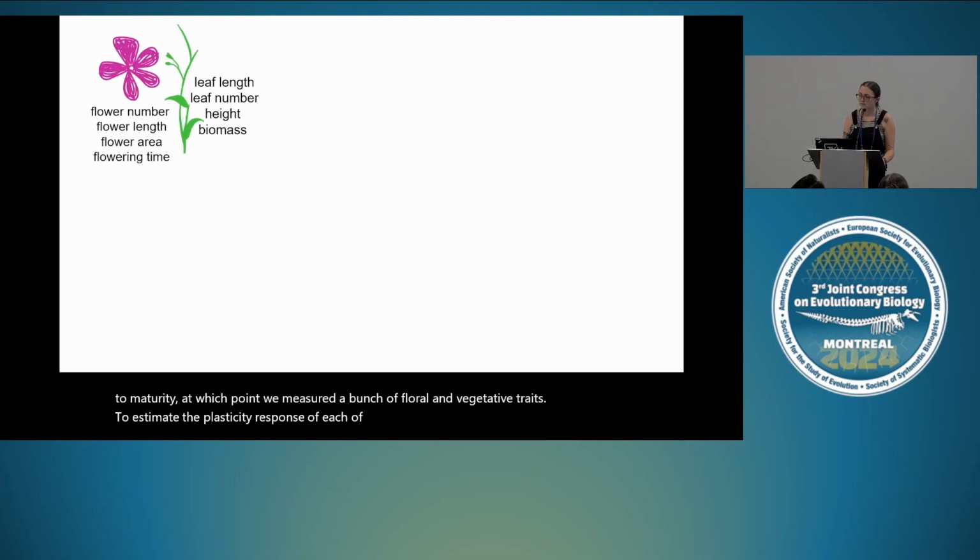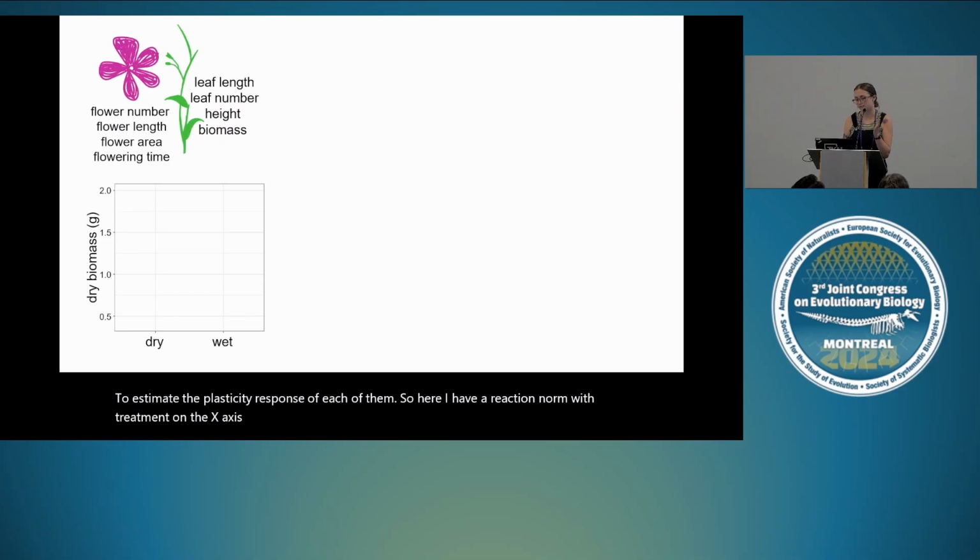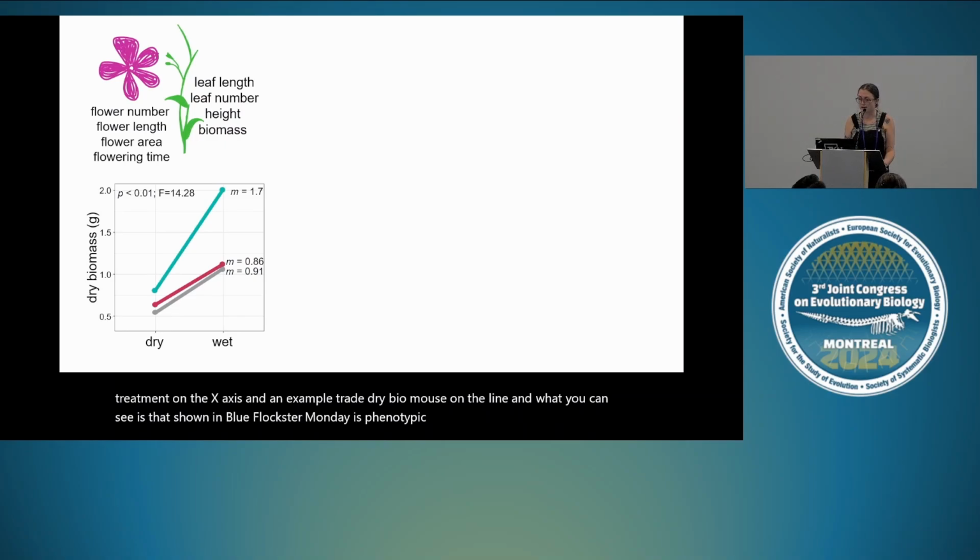So here I have a reaction norm with treatment on the x-axis and an example trait, dry biomass, on the y. And what you can see is that, shown in blue, Phlox drummondii's phenotypic response was really drastically different in wet and dry conditions, meaning that its slope was higher, as shown as the M value.